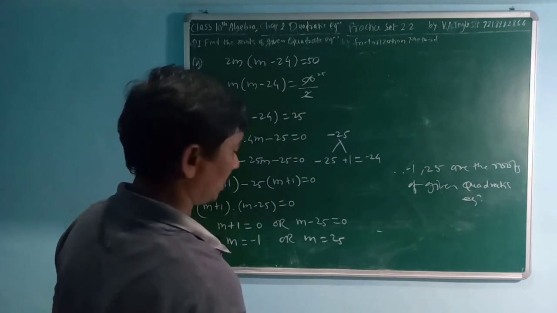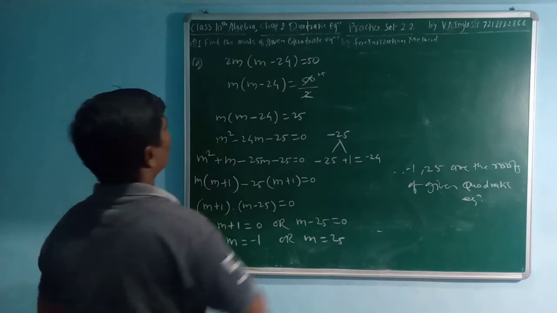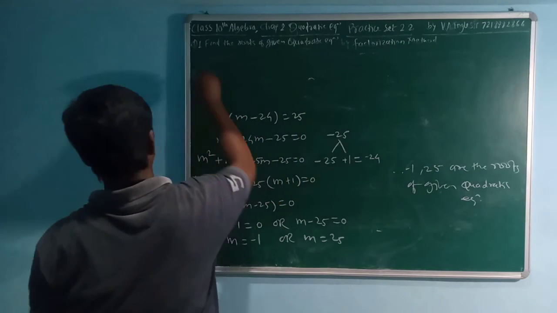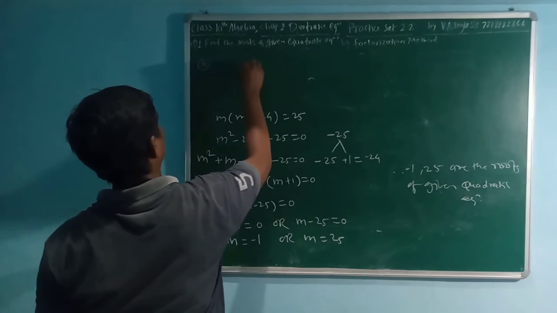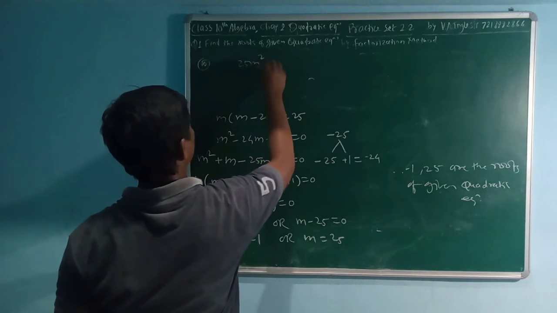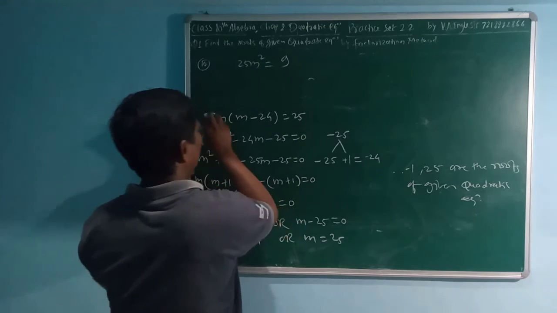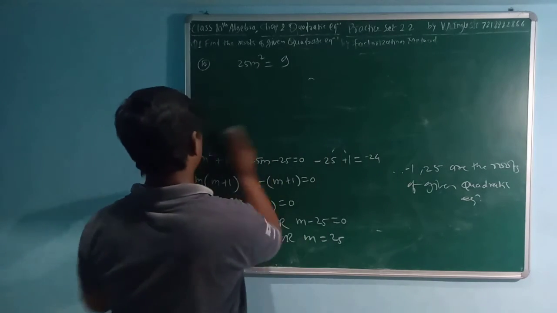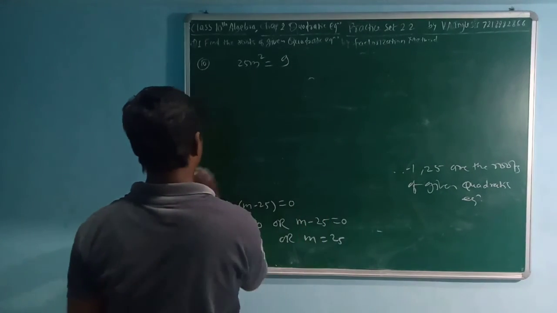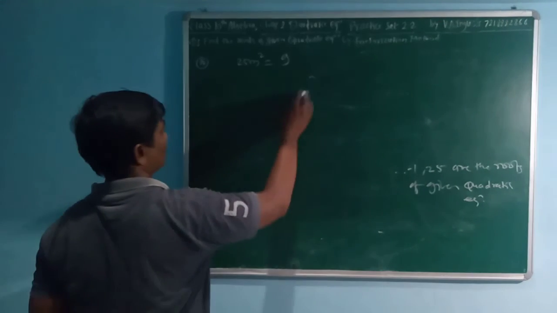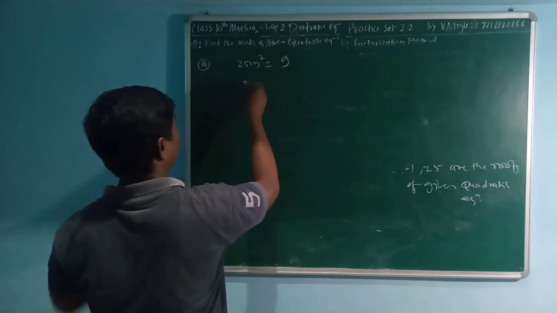Now we will go for the example number 10, and it is 25m square is equal to 9. So this is simple. Actually you don't have to go for the quadratic equation. You can solve this by another way also.